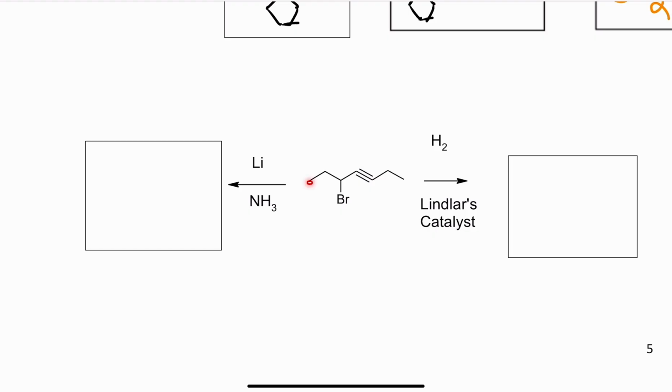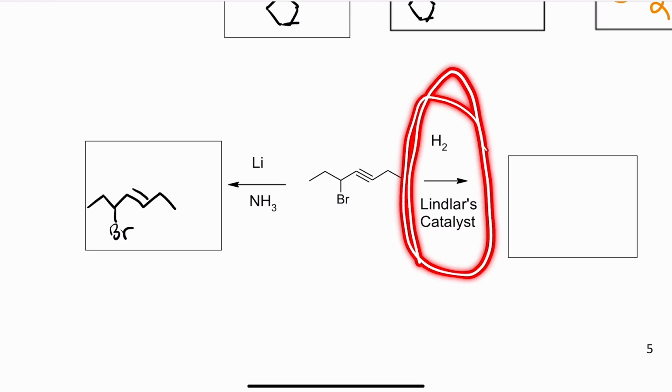Actually we don't have to switch anything with the chain, we just have to take away one of the bonds, because it turns 3 bonds into 2 bonds. So I'm going to do the 1, 2, 3, 4, 5, 6, 7, and then where is that? 1, 2, 3, 4. So we got the double bond, and at 1, 2, 3 we got that still. It didn't touch that, so it's almost identical, just a double bond as opposed to a triple bond.